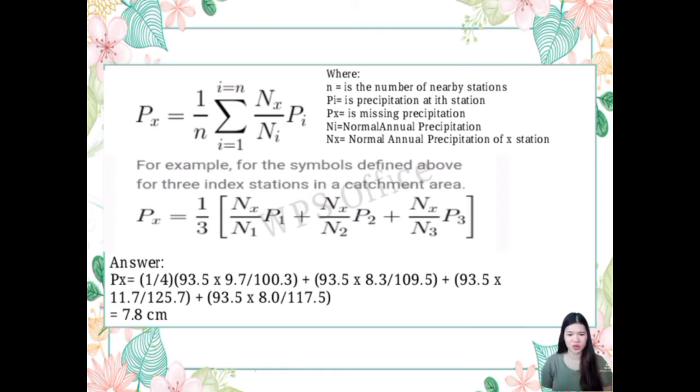So, Px is equal to 1 over 4 times 93.5 times 9.7 over 100.3 plus 93.5 times 8.3 divided by 109.5 plus 93.5 times 11.7 divided by 125.7 plus 93.5 times 8.0 divided by 117.5 is equal to 7.8.